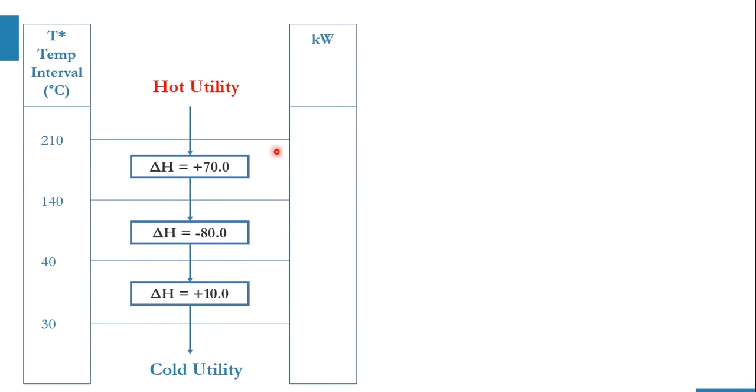Then we simply subtract this: 0 minus 70 is minus 70, then minus 70 minus 80. So minus 70 minus this, now it already has a negative sign with it, so minus minus plus. So minus 70 minus minus plus 80, so minus 70 plus 80 will be plus 10, and then plus 10 minus 10 will be 0.